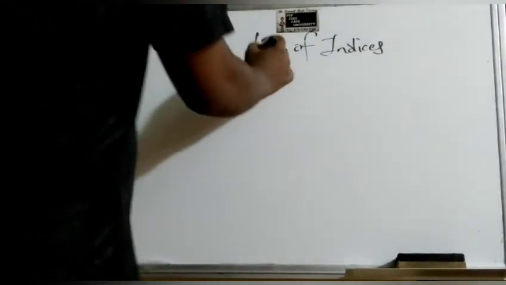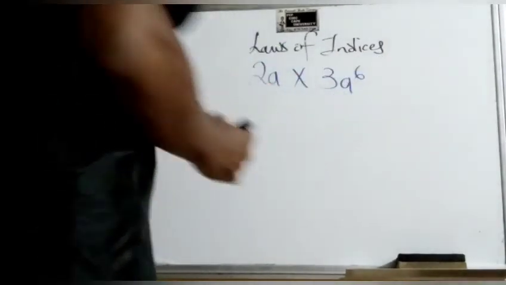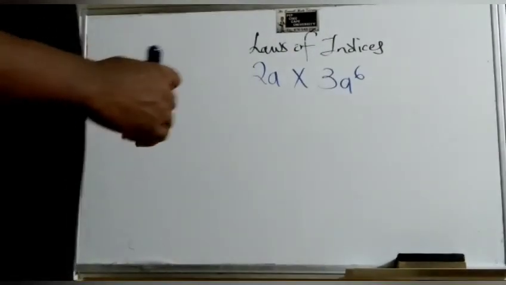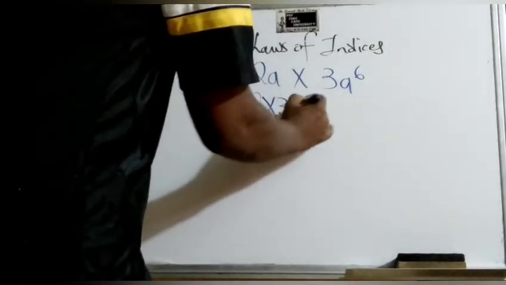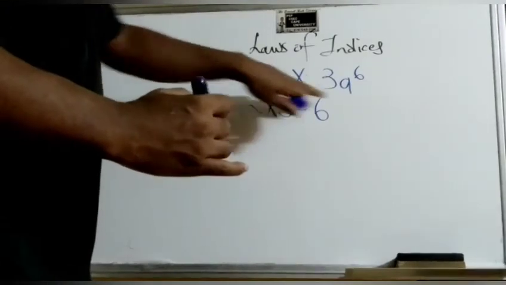What if there are numbers involved? Let's say we have 2a times 3a raised to the 6th power. Now we multiply the whole numbers as usual, so it will be 2 times 3 is equal to 6, and then we treat the base.